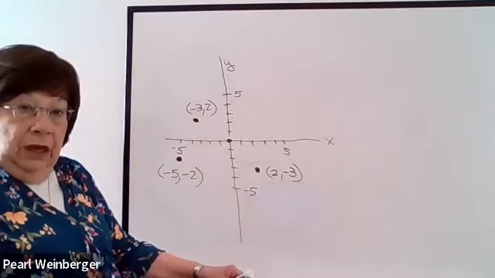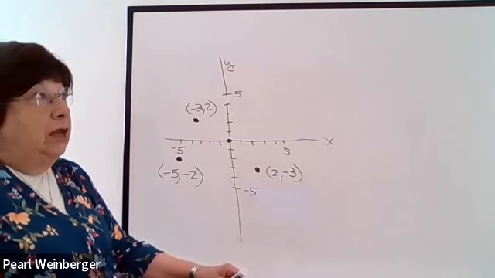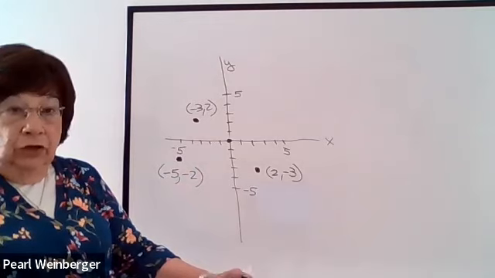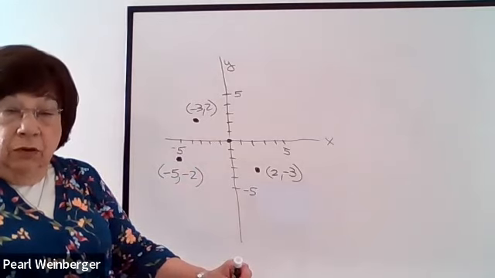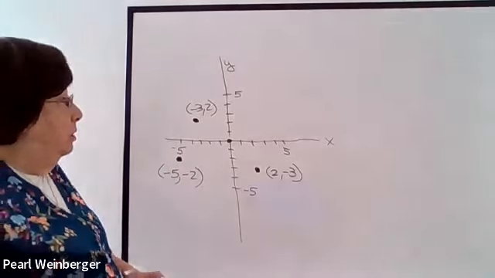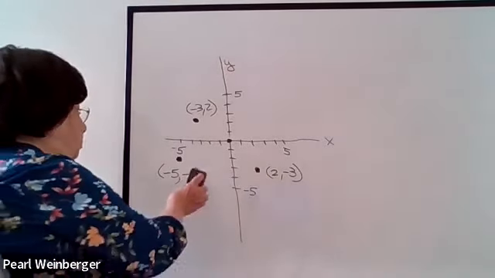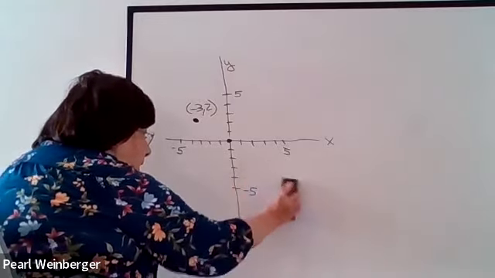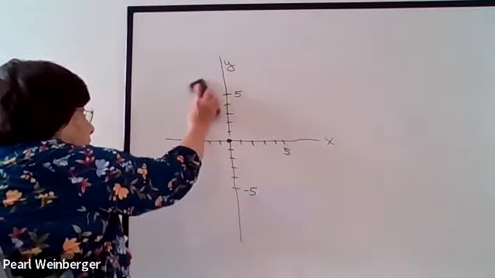The next step after that is to take an equation of a line and graph the line that I'm giving you the equation of. So I'm going to erase all these points that I put in, and I'm going to talk about how we graph lines.